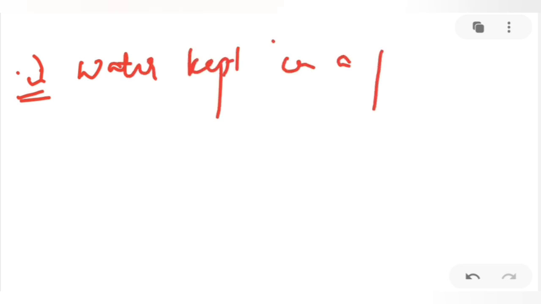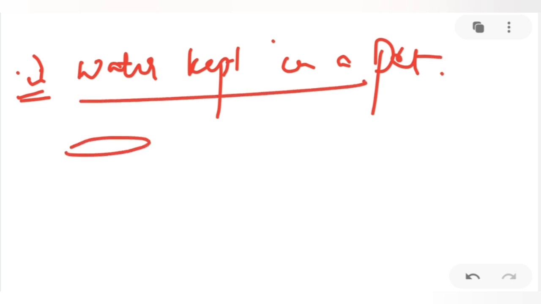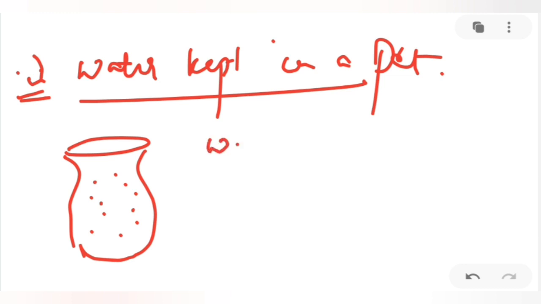Most of you might have gone to villages where water is kept in a pot. So in summers in villages, when they don't have a refrigerator, they keep some water in a pot, and this pot has tiny pores on its surface. From these pores, water seeps out.